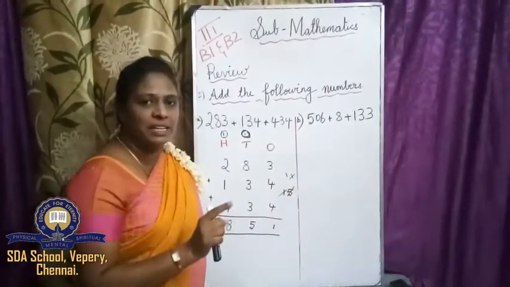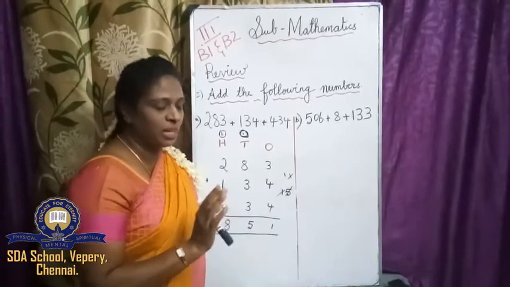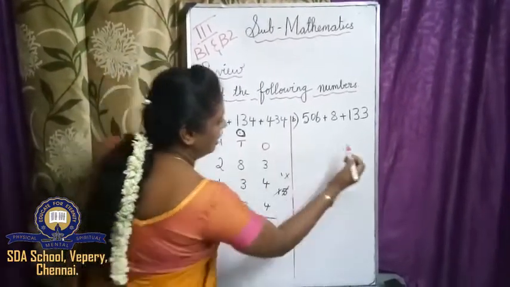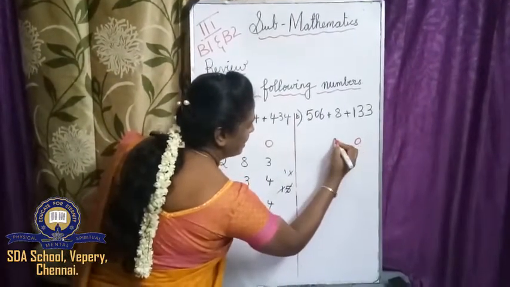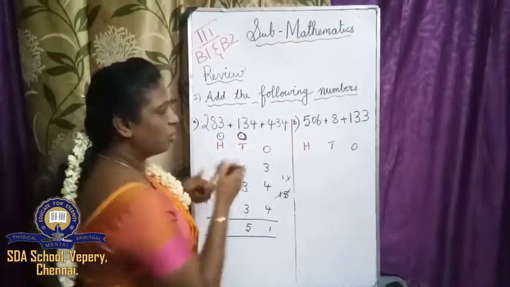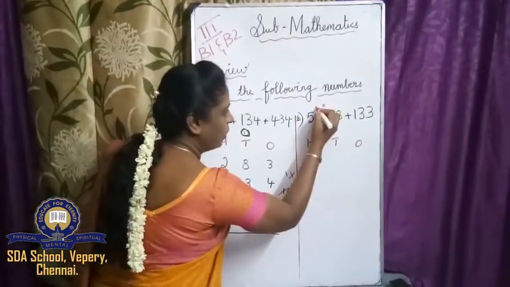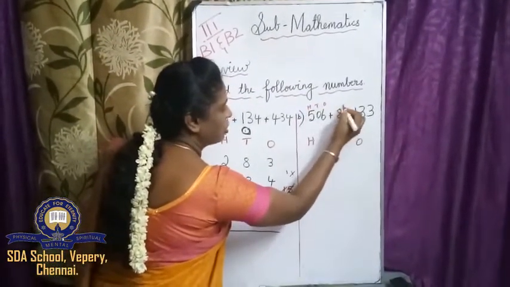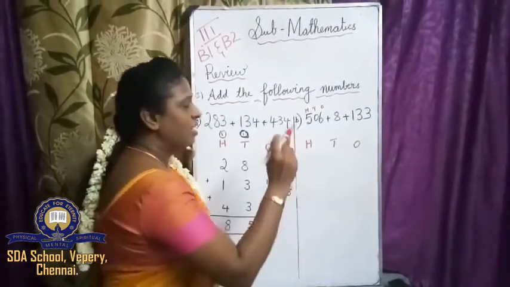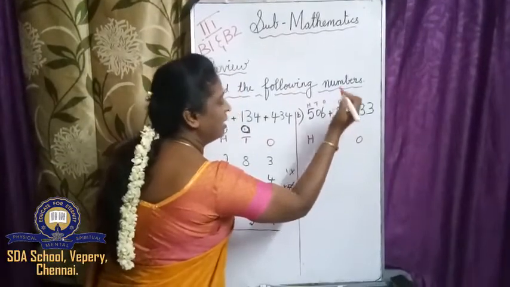When you're writing the place value chart, you carefully see and write. First write the place values: ones, tens, hundreds. So you will not be confused. Here only 1 digit is there. So what is the place value of 8? Yes, 8 ones only.